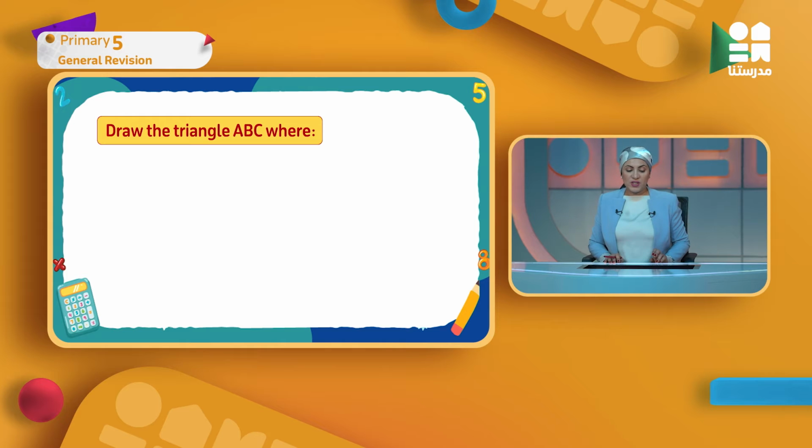Another question, draw the triangle ABC where AB equals 4 centimeters, BC equals 6 centimeters and CA equals 8 centimeters. This is drawing a triangle given its 3 sides.